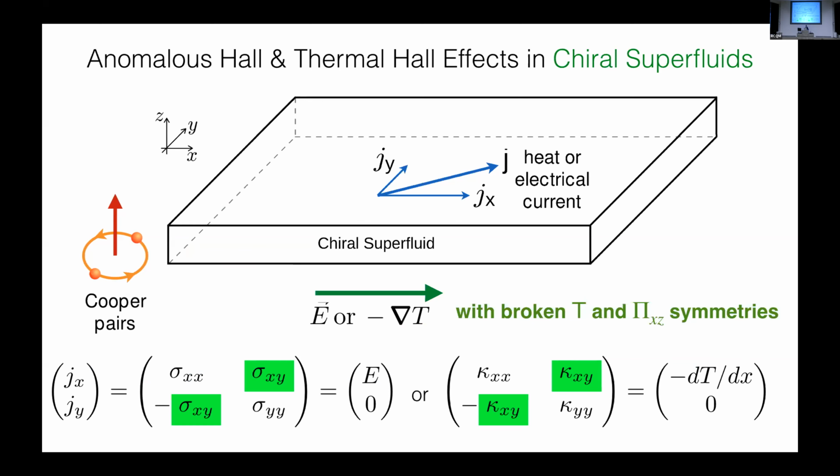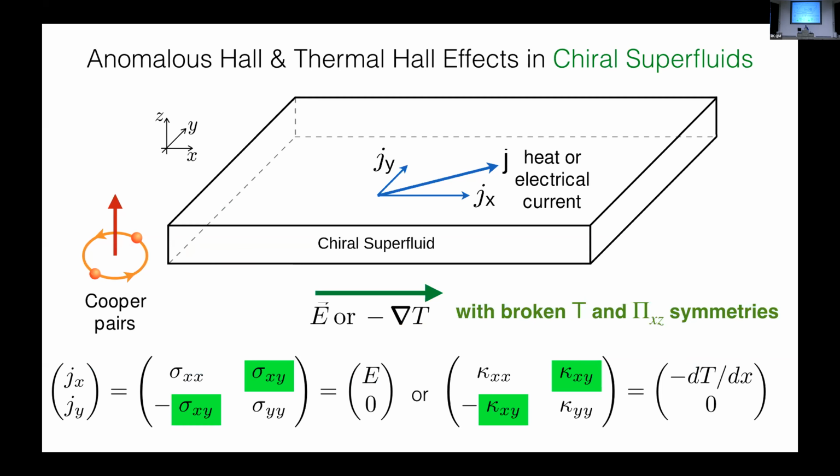So broken T and P symmetries can be revealed by anomalous transport, as we've heard in earlier talks, i.e. a component of the charge or heat current perpendicular to the applied potential or the thermal gradient. And furthermore, in this context, it reverses sign if we reverse the chirality of the ground state.